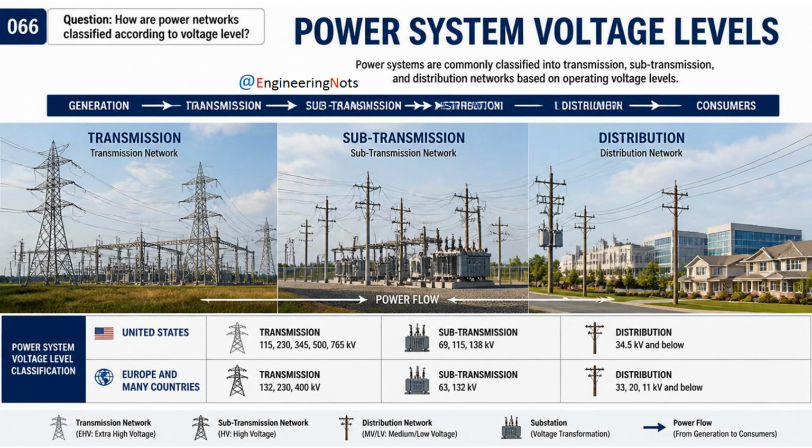In Europe and many other countries, common transmission voltages include 132, 230, and 400 kV, while subtransmission networks often operate at 63 or 132 kV. In summary, power systems are divided into transmission, subtransmission, and distribution networks according to their voltage levels and functions within the electrical grid.